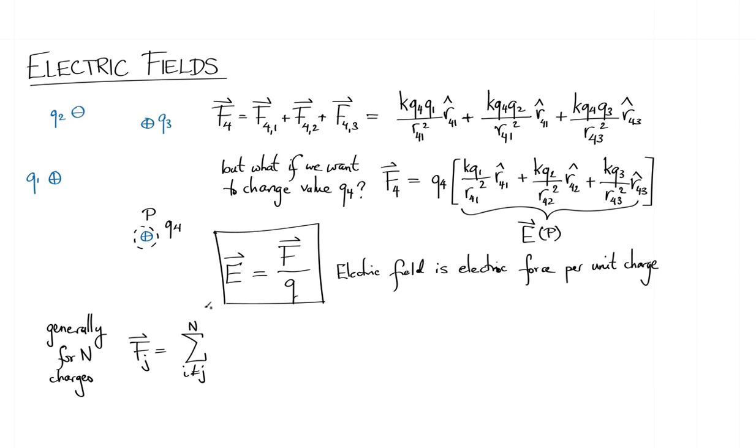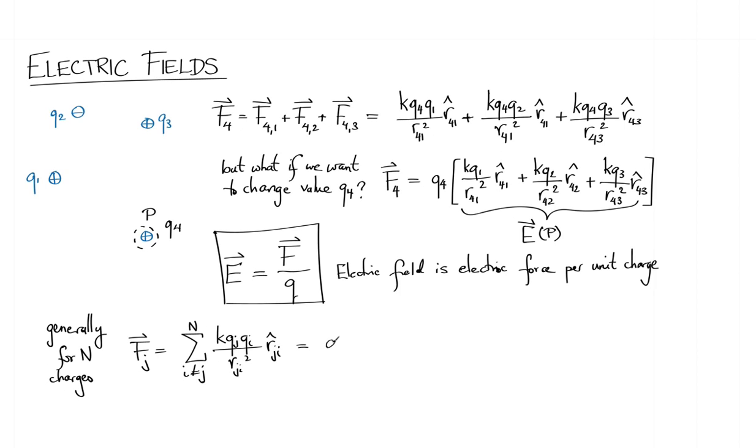So we wouldn't look at the force on itself by itself. Q sub J, Q sub I. So we're summing over all the other charges in the system. We would have this.